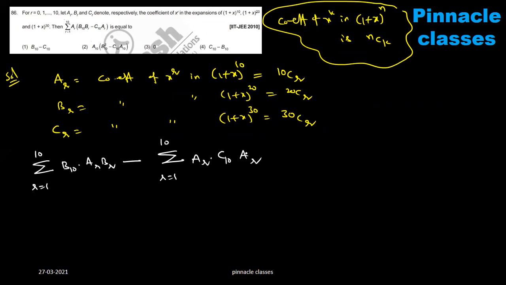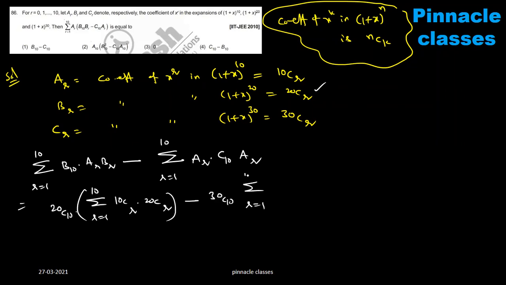How to solve this one? See carefully, dear students. B10 is what here? A constant. Take it outside. B10 is 20C10. What is the remaining? Sigma r from 1 to 10, Ar is 10Cr, Br is 20Cr. Minus C10 is 30C10, sigma, Ar is 10Cr into 10Cr. This is the question. How to solve?